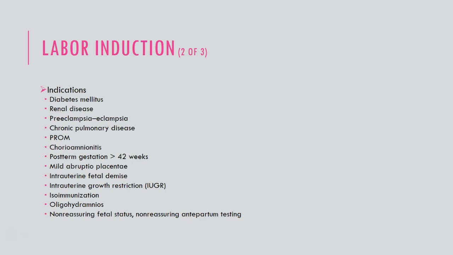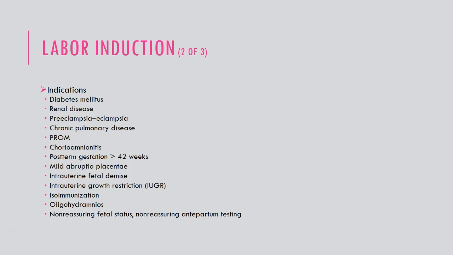The non-reassuring fetal status and non-reassuring antepartum testing, this one is listed in your book, but I don't particularly like it listed here because the thought is that if you're going to induce labor on someone, you want to make sure the fetus will be able to tolerate it. And if the baby is already looking bad, and it depends how bad.